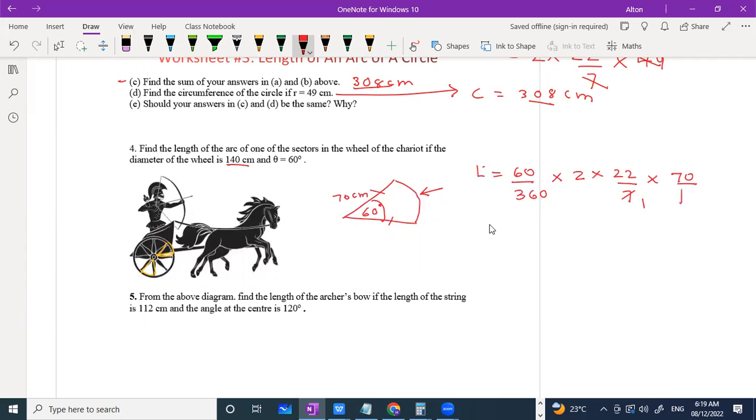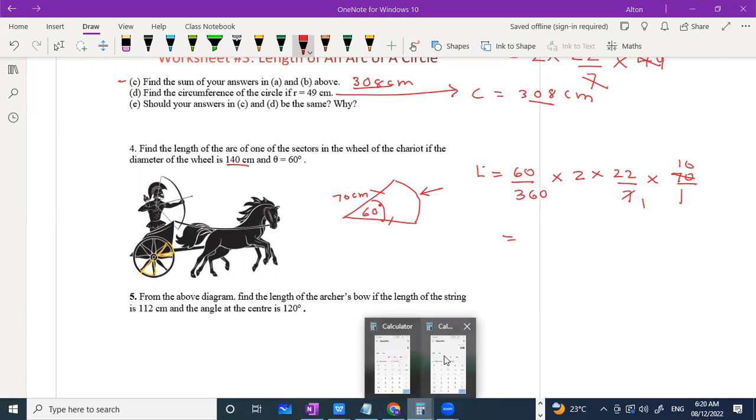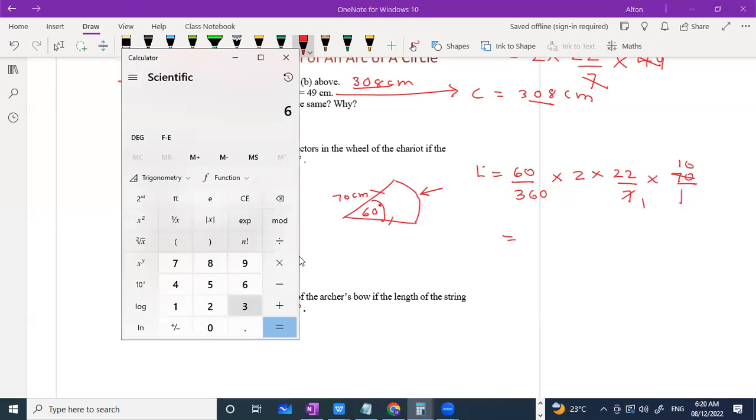All right, so let's calculate this here. Okay, so let's use our calculator now. 60 divided by 360, multiplied by 2 by 22 over 7, which is 44, by 70 is 440.